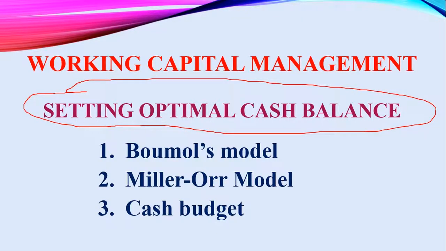Optimality means that amount of cash that is enough for you to be able to take care of day-to-day activities of a given organization. For example, if your organization spends 10,000 in a day, there'll be no need for you to hold 20,000, 30,000 within the organization, because that would be holding too much cash that is not needed in the organization at that time.